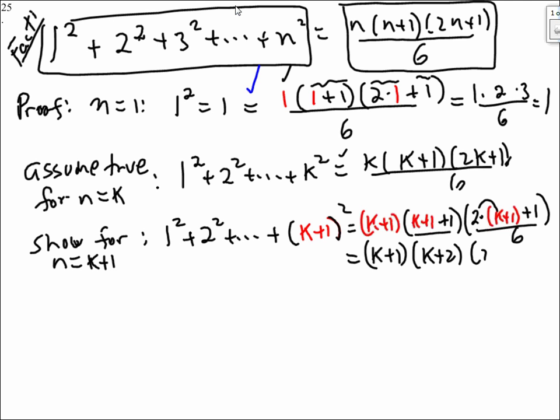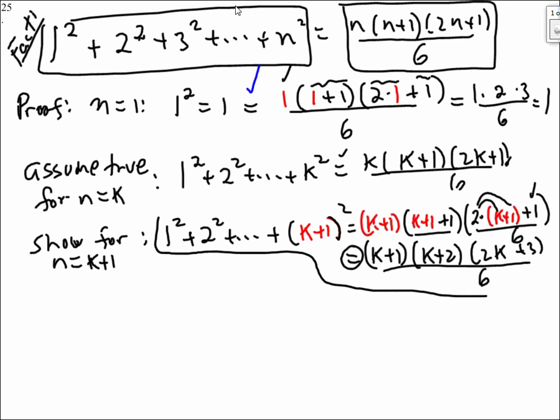Distributing the 2, you have 2k plus 2 plus 1, that's plus 3, over 6. So I need to show that this equal sign is valid. That's really what I want to show.